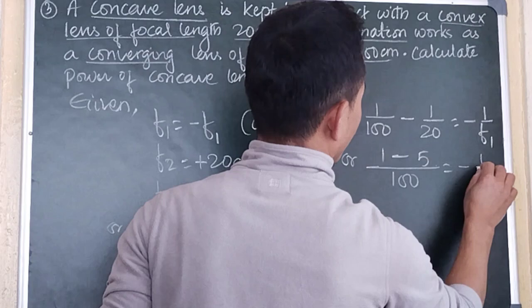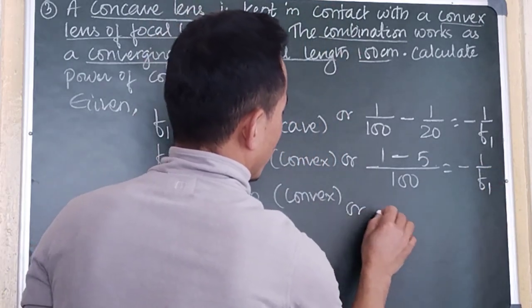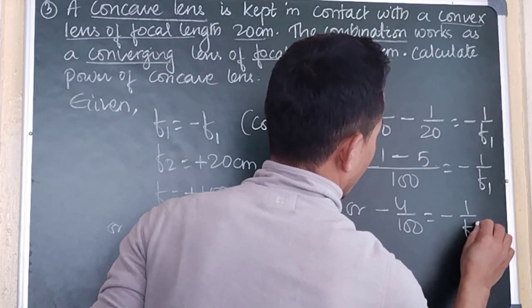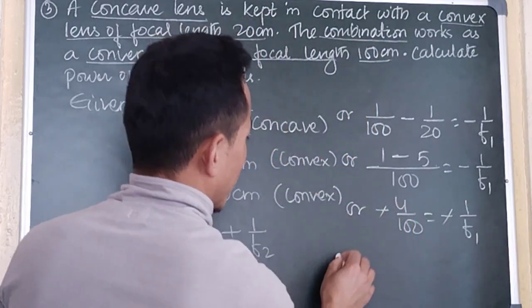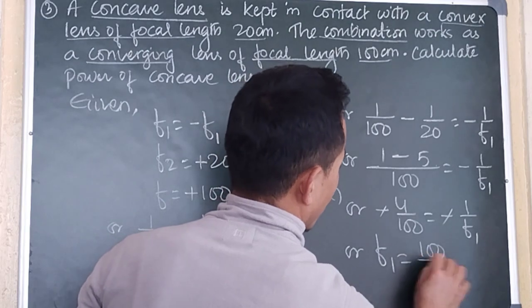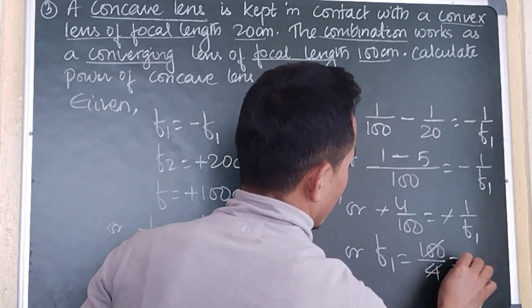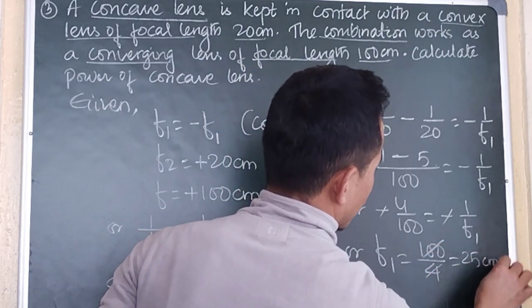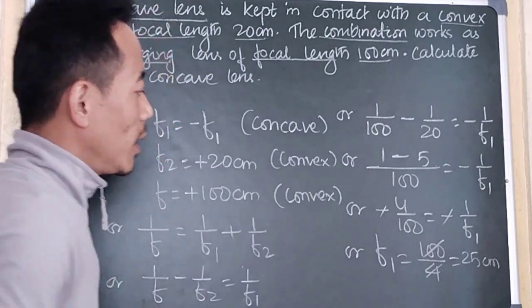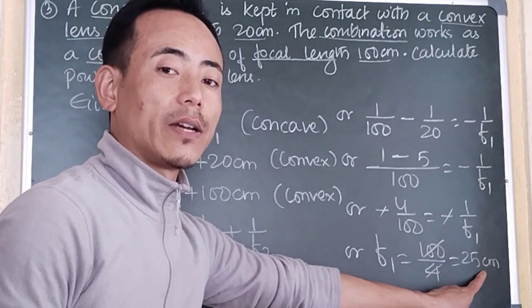So this will give you minus 4 divided by 100 is equal to minus 1 by f1. The minus signs cancel. If you cross multiply, you'll get f1 is equal to 100 divided by 4, which is equal to 25 centimeter. So we have obtained the value of f1, and it comes out to be 25 centimeter.